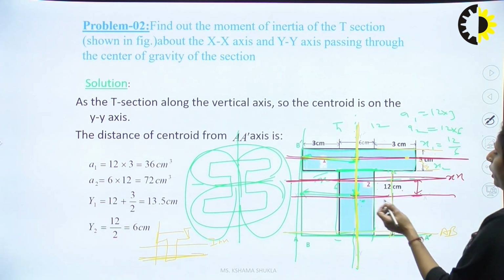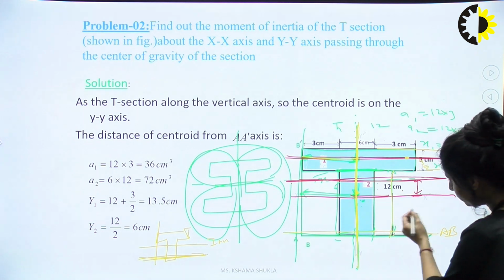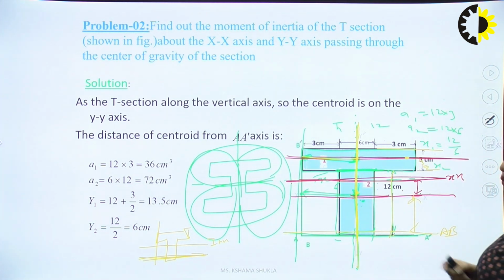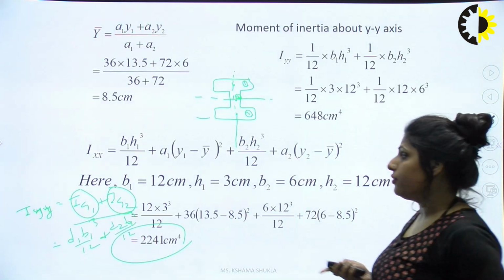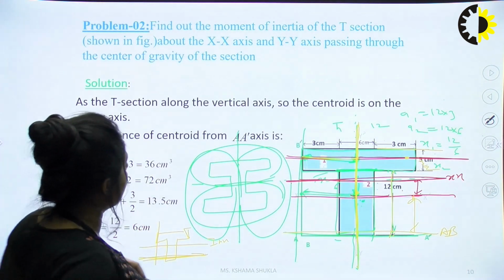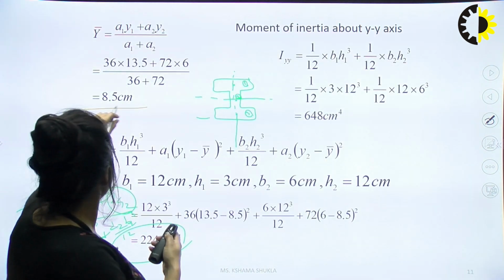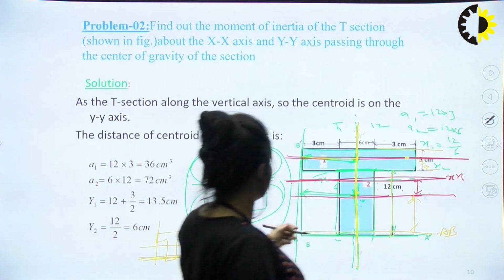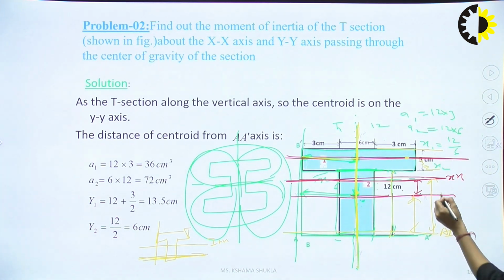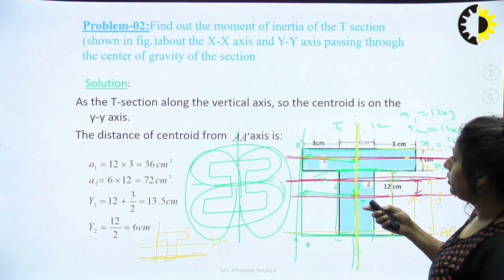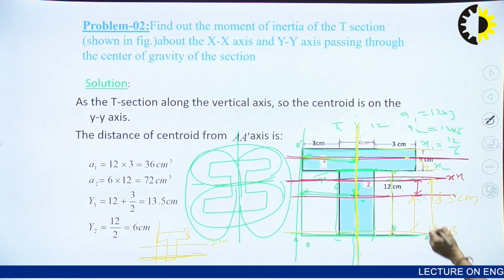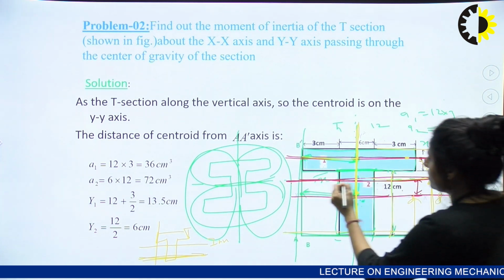Same for Y2. How can we find Y2? The value of this section is simply half of this, 12 by 2, which is 6. Multiply it and you find the value of 8.5. That means the neutral axis lies 8.5 centimeter from the bottom. This is our neutral axis distance for y.